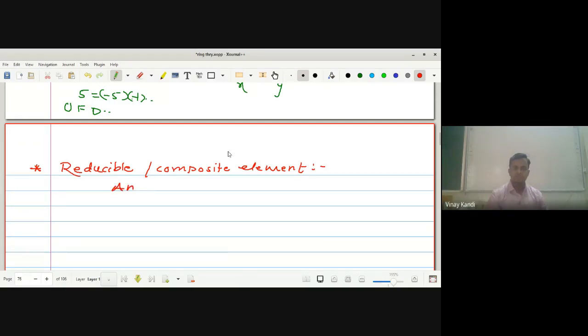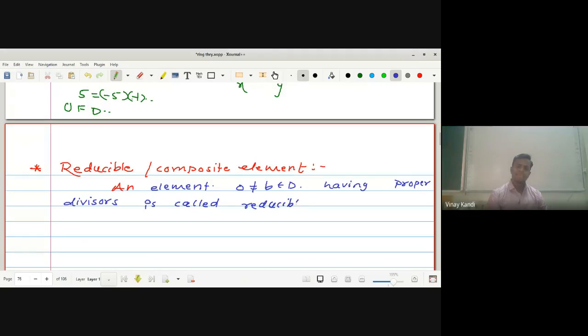An element non-zero B belonging to D, having proper divisors, is called a reducible or composite element in integral domain D. Okay, a composite element of D.